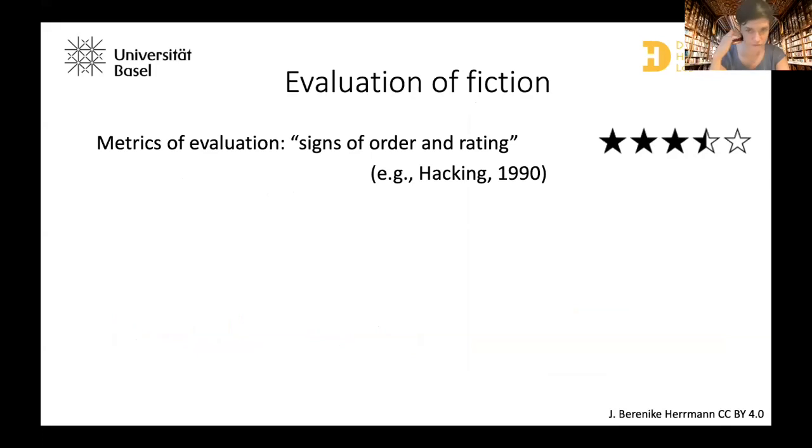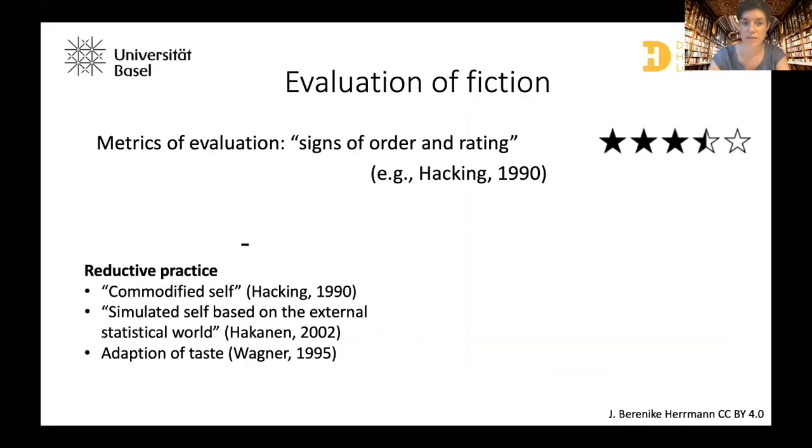A brief introduction to what people have said about the metrics of evaluation, this way of communicating about not just books, of course, but any other kind of product, metrically with signs of order and rating.